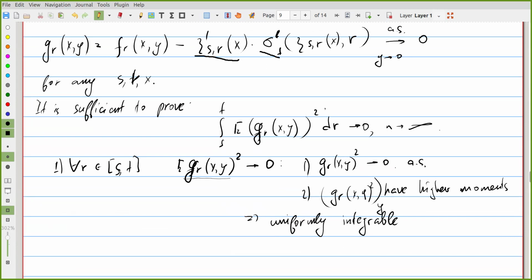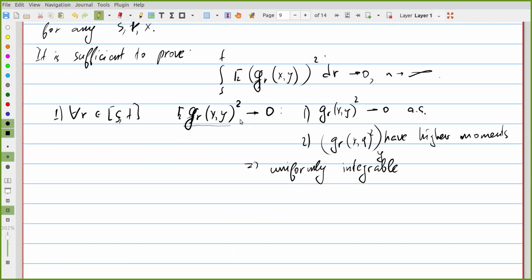Since they are uniformly integrable and convergent almost surely, they are convergent in mean.